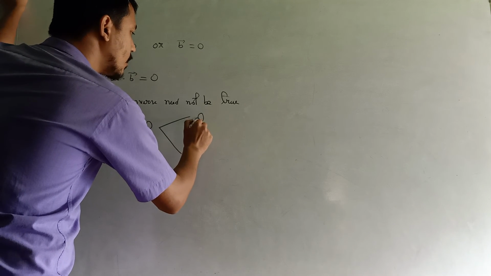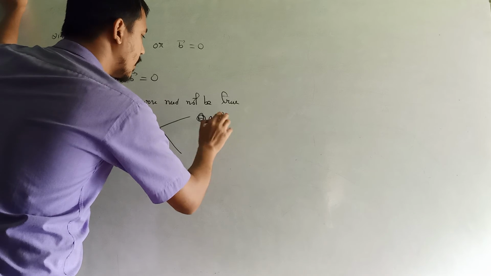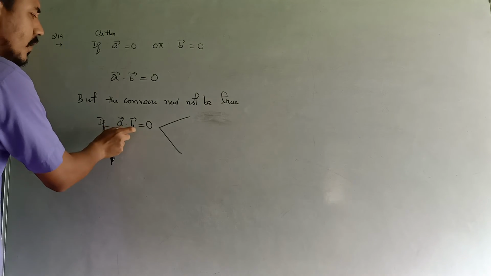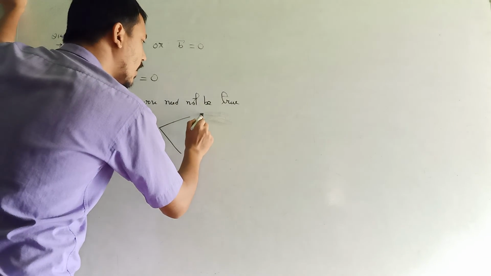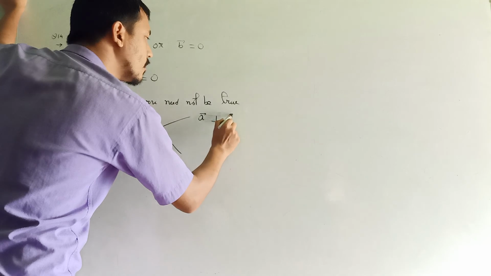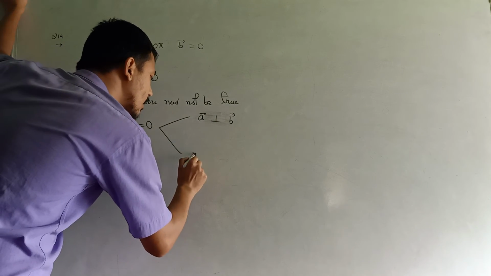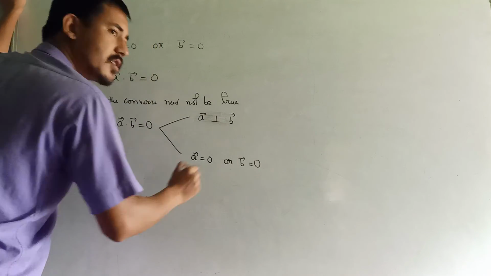Either A is perpendicular to B, that can be one of the reasons, or else A is 0, which is the other condition.